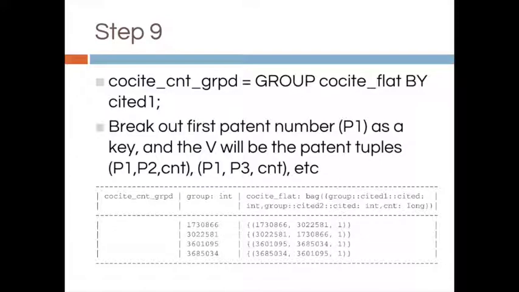And on the right, we have a bag containing all of the columns in the previous table. So in the first entry, we have patent 66. And on the right, we have, from the previous table, patent 66 getting cited with patent 81, and the 1 represents the count for that citation.